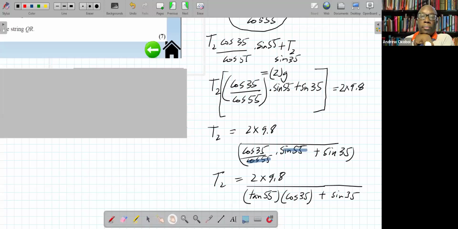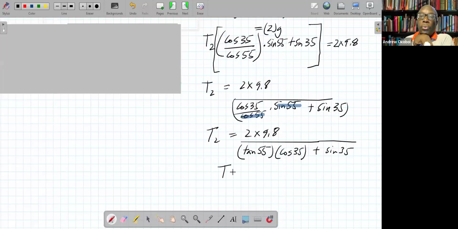So we have an answer of 11.2 newtons. So that's T2.